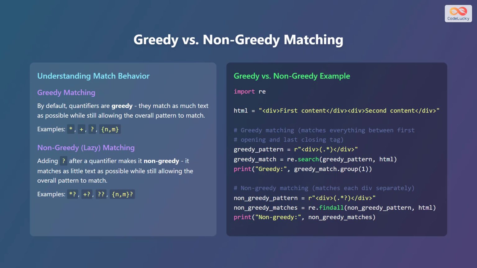The greedy pattern r'<div>.*</div>' matches everything between the first opening and last closing div tags. The non-greedy pattern r'<div>.*?</div>' matches each div separately.